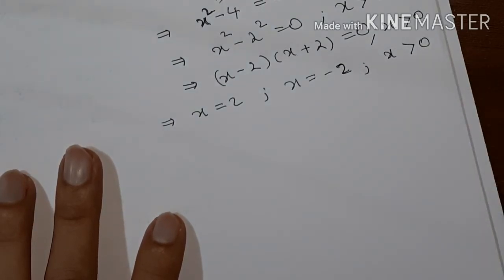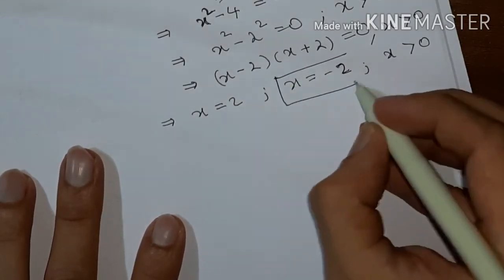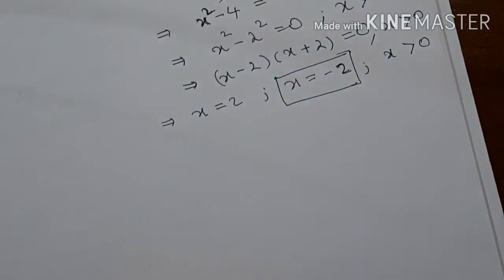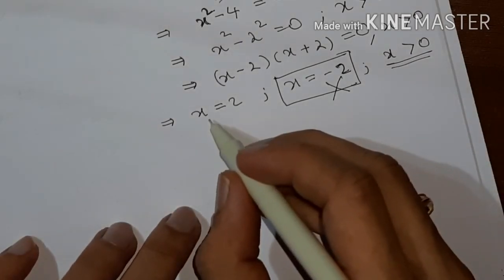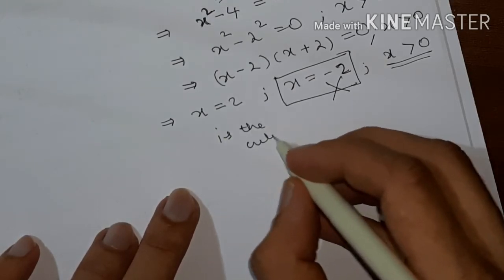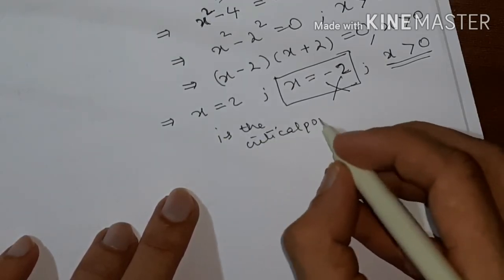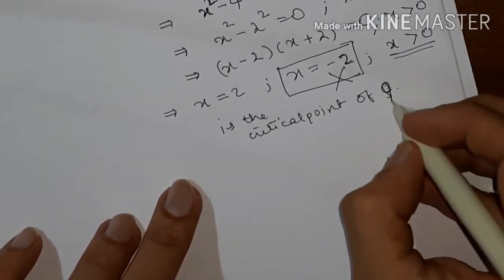Okay, this is important. The value x equal to minus 2 is discarded. Why? Because x is greater than 0, right? So the only value that remains is x equal to 2, and that is the critical point of g, sorry, of g.